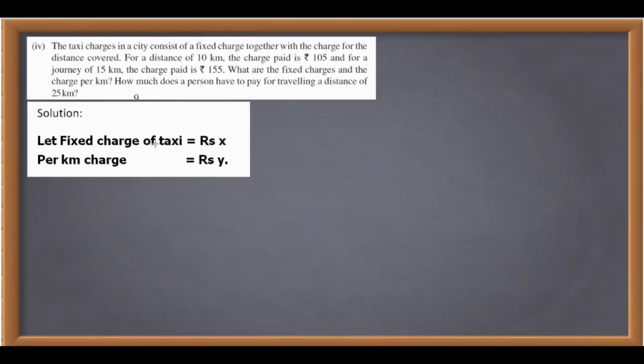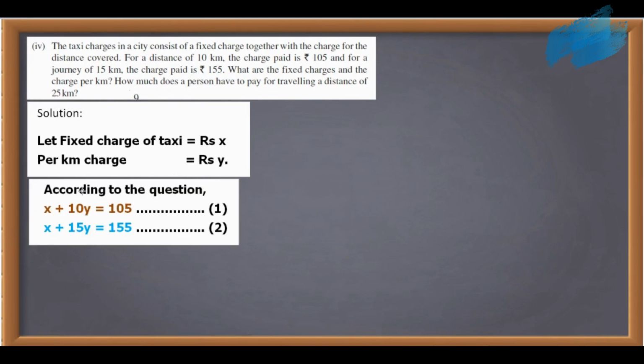So we don't know the fixed charges of taxi. Let us assume as X rupees, and per kilometer charge we will take as Y. According to the question, the equations for two conditions are X plus 10Y is equal to 105. Reason is X is a fixed charge, and 10Y is for 10 kilometers distance, so X plus 10Y is equal to 105, which is given in the question.